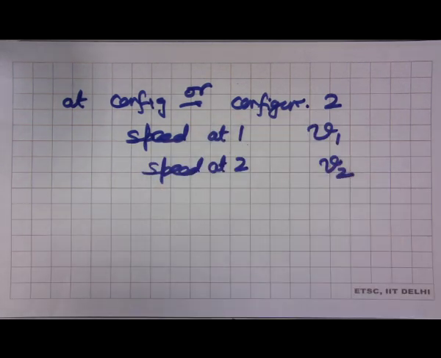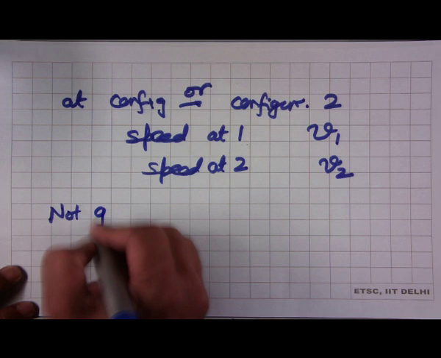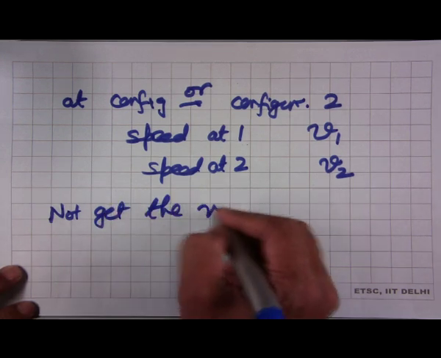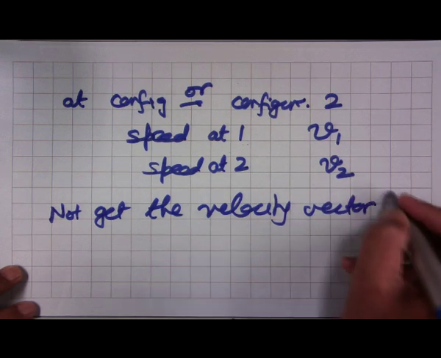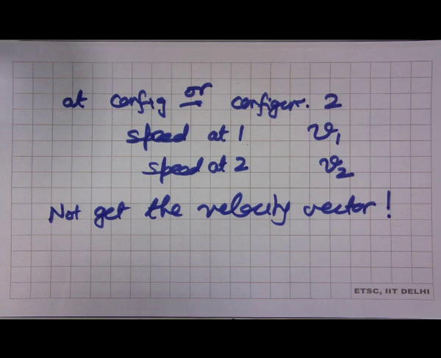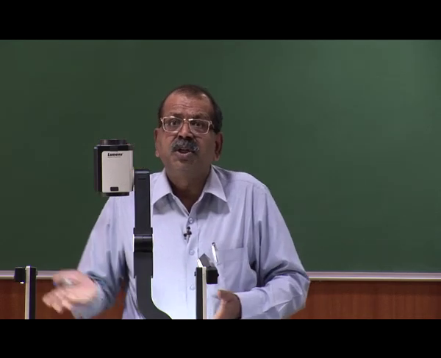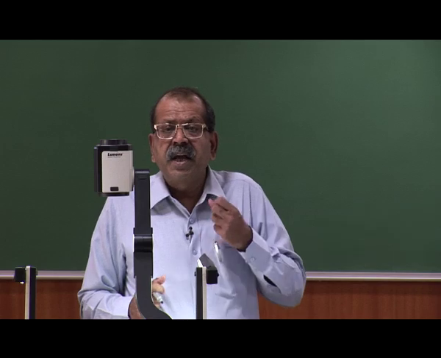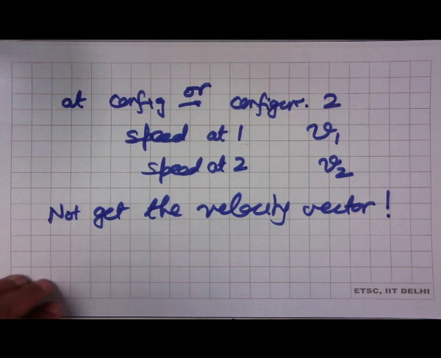Assuming that one of them is unknown, we will be able to get the speed, but we will not get the velocity vector. Of course, if the problem is of one dimensional motion, then you will get to know the velocity vector, because velocity is along that line only. But in case of two dimensional motion, you will only be able to get the speed.